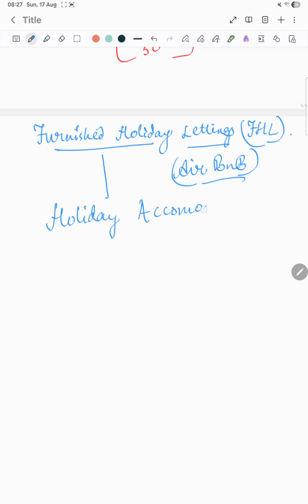Now, if it is a holiday accommodation, which means it's my property, but someday another tenant is coming, someday another tenant is coming, which means I don't have a single tenant. And when multiple customers are there, is it a business thing? Am I trading, or am I just letting out a residential property?